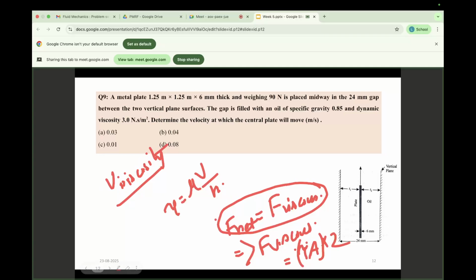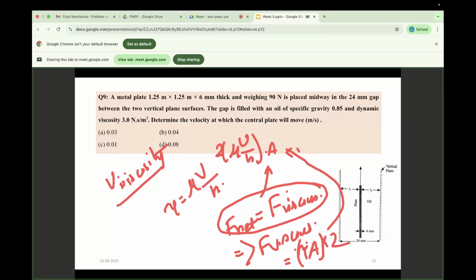So from this equation, what can I write? I can write 2 into mu V by H A. Okay, this is the thing we have got. So now you just put in the values.